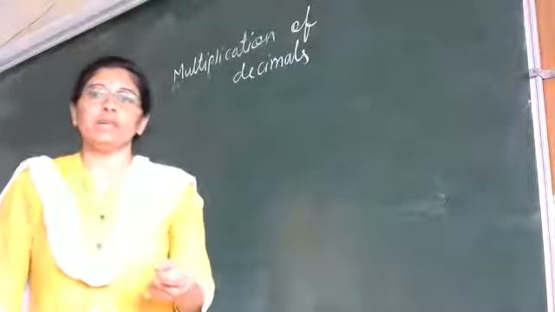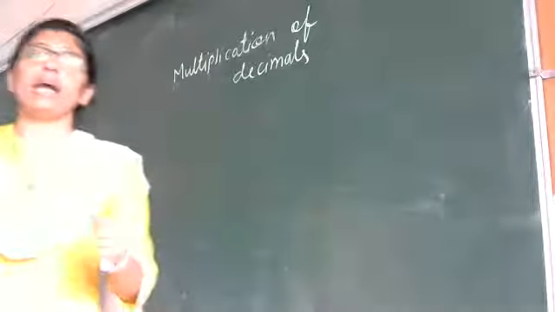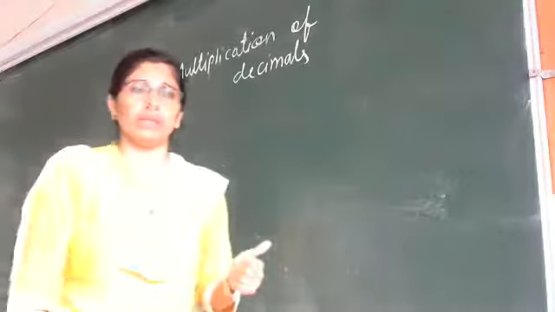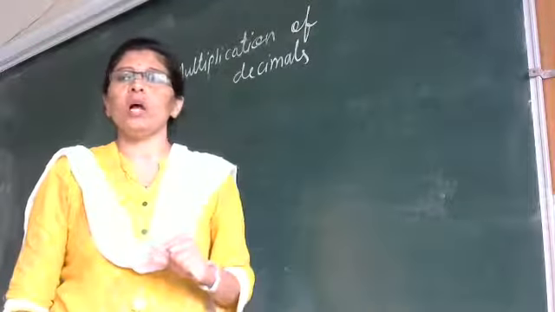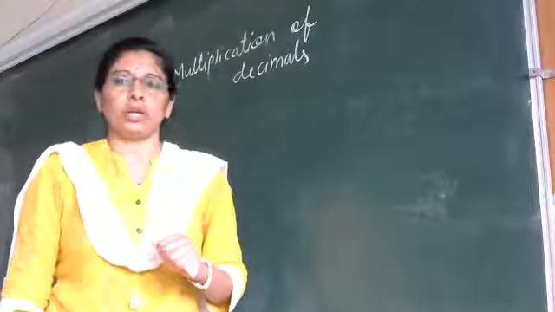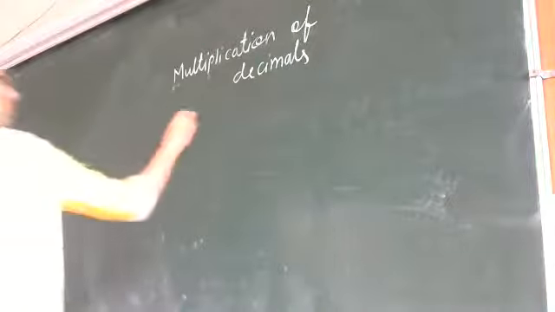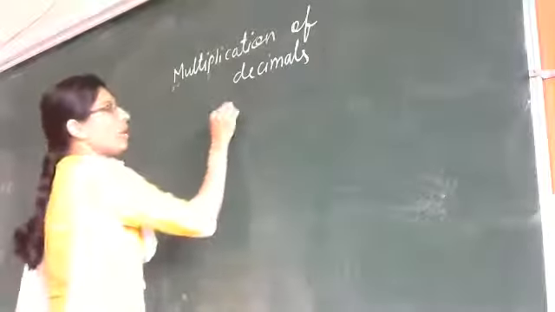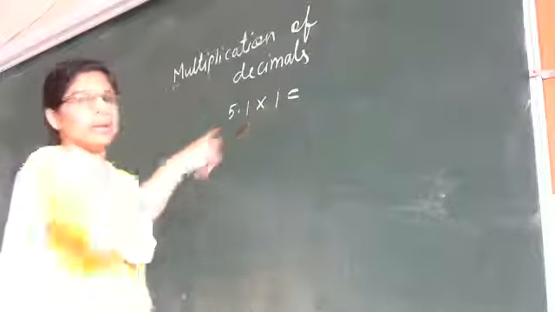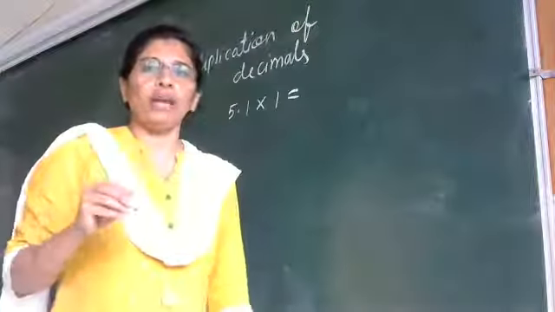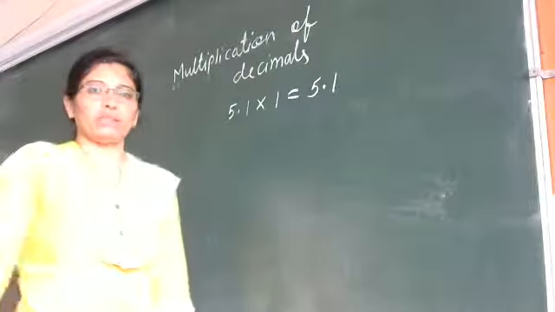Now, first we will see the properties of multiplication, like we had for addition and subtraction properties. For multiplication also we have to follow some rules. When any decimal, like 5.1, is multiplied with 1, we will always get the same decimal as the answer.